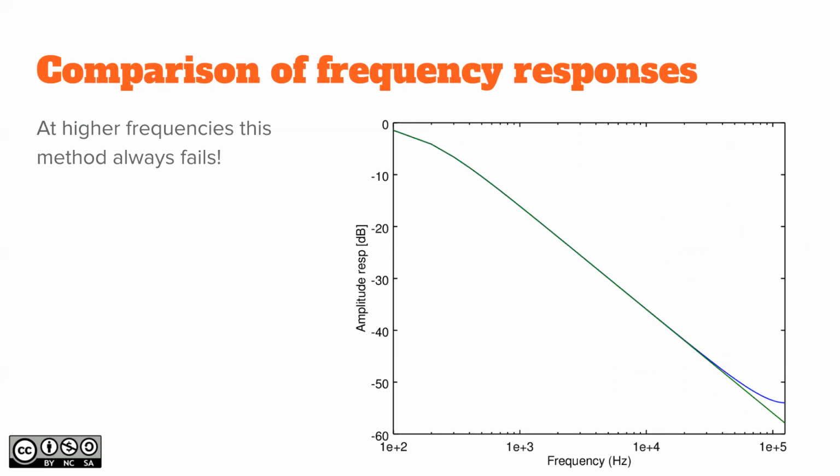This comparison is between the analog and ideal digital. This method actually fails always at higher frequencies because you are truncating your impulse response, which means that you are missing some data, and this is actually aliasing, which happens at the end of the spectrum.